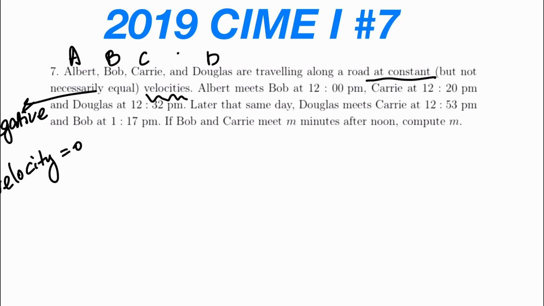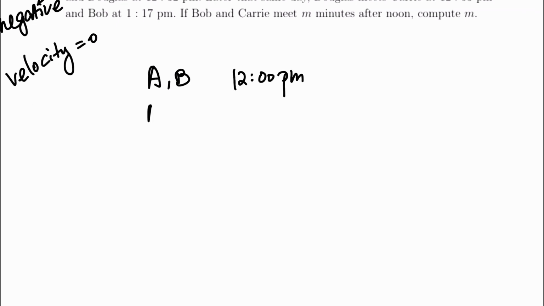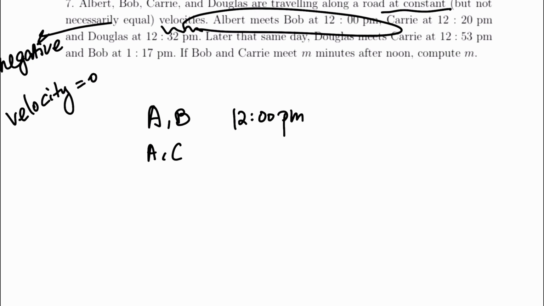And let's take a look. So Albert meets Bob, so A and B. Let's make a little chart. A and B at 12 p.m. A and C at 12:20.